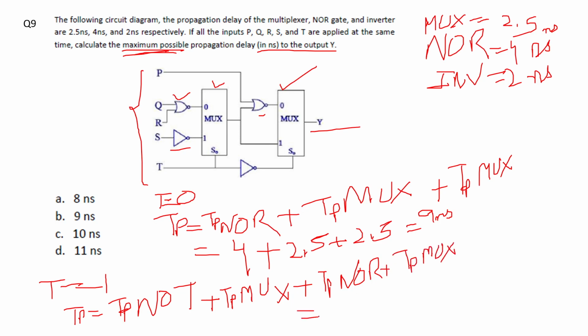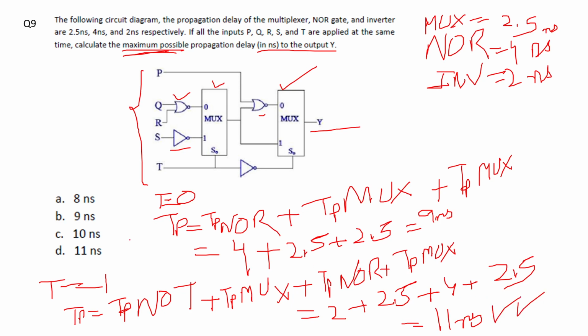So TP of NOT is 2, TP of mux is 2.5, TP of NOR is 4, and TP of mux is 2.5. So we have 4 plus 5 is 9, 9 plus 2 is 11 nanoseconds. Among the two, this one is the highest. So the maximum possible propagation delay for this circuit when all of the inputs are applied at the same time is T equal to 11 nanoseconds.